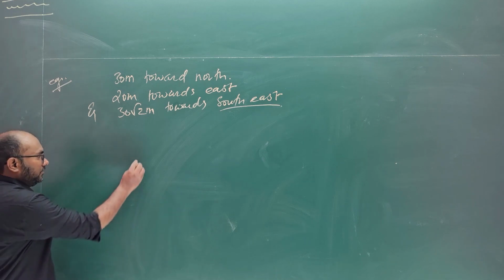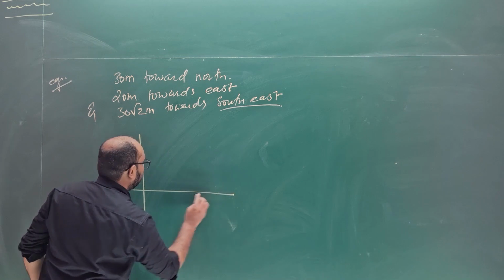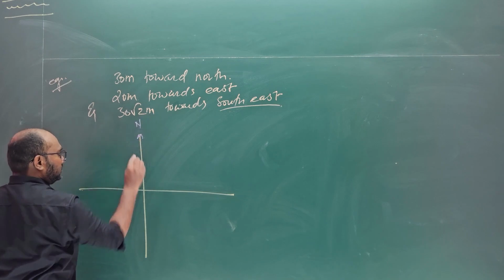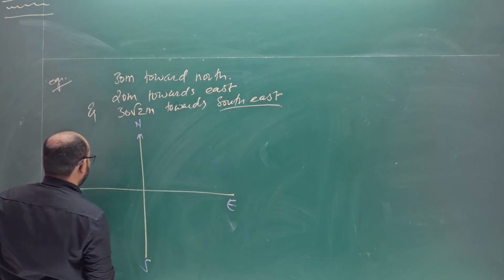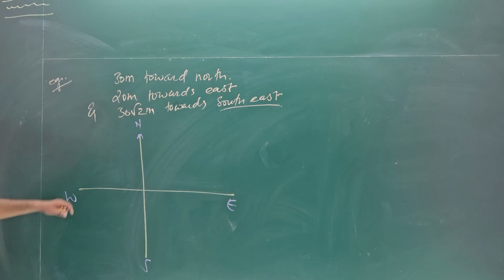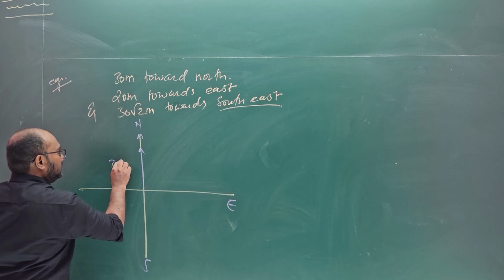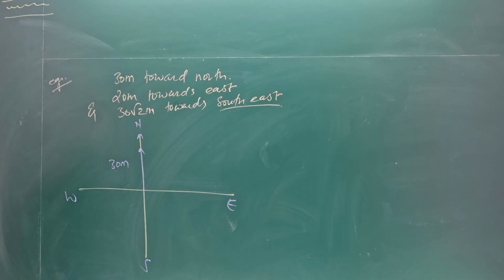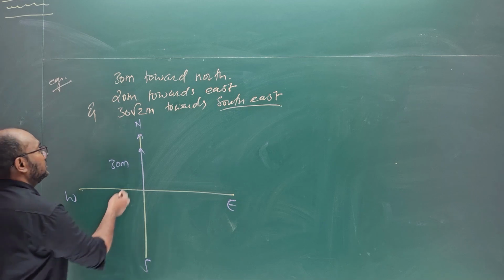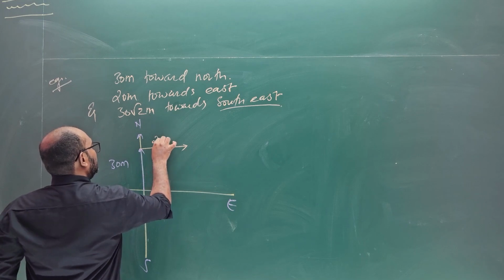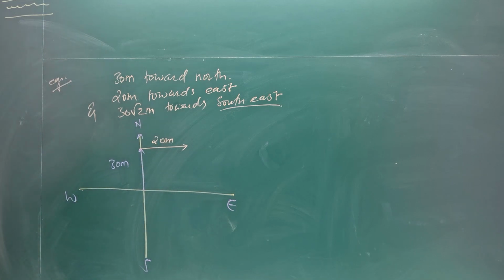Okay, let me see how many of you have got correct answers. This is your north, south, east, and this is your west. 30 meter towards north. First thing, okay. 30 meter towards north. Then what? 20 meter towards east.